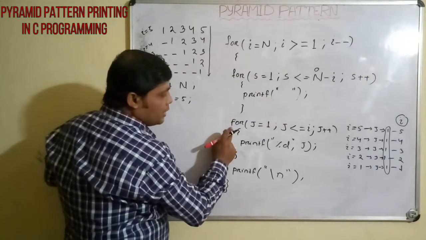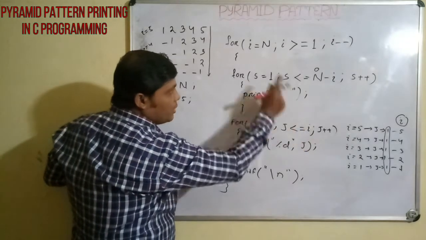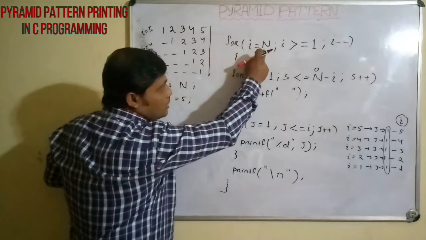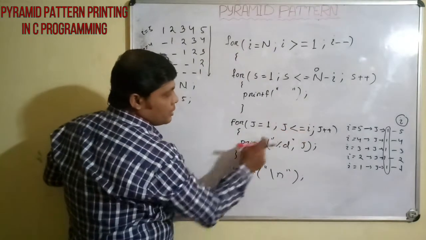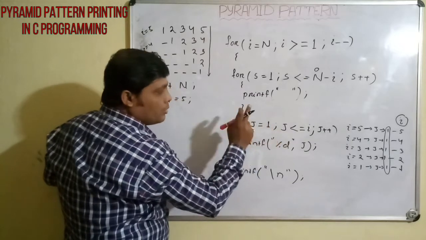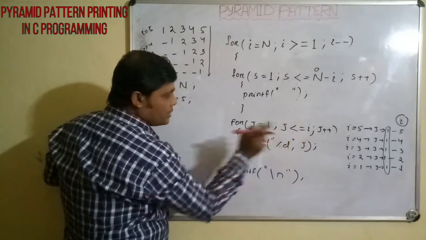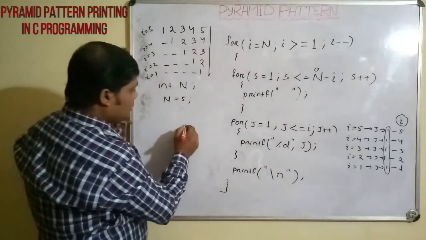Directly come to this. Then for j equal to 1, j less than equal to i value, which is 5 the first time. j less than equal to 5, j plus plus. So it will work for 1, 2, 3, 4, 5. 5 values it will work. When j value is 1, it will print 1.